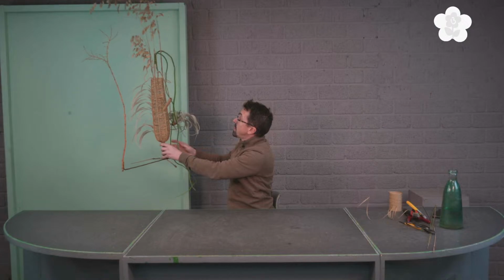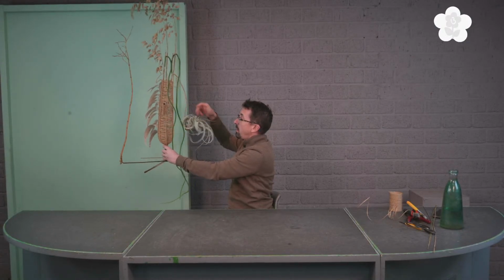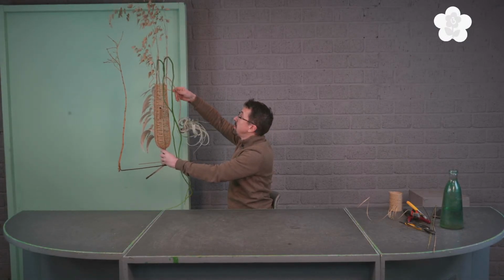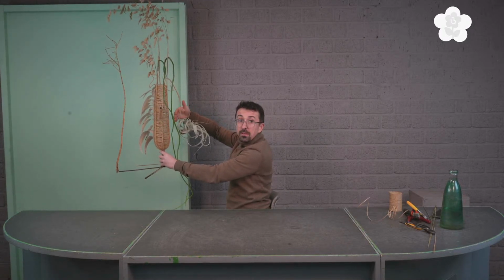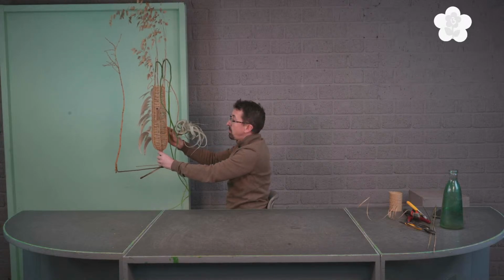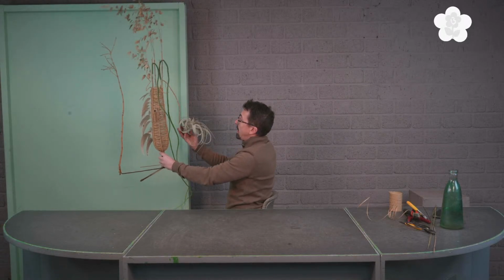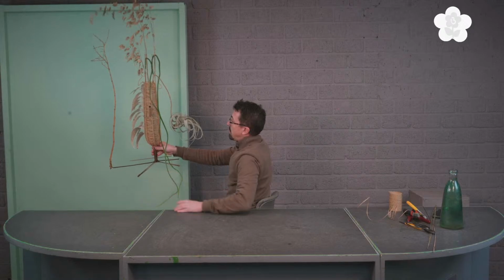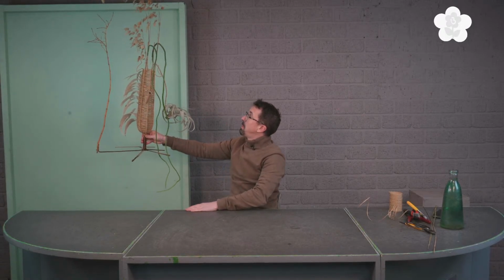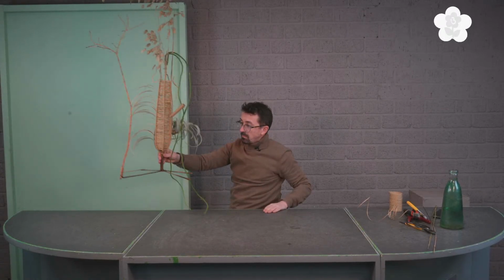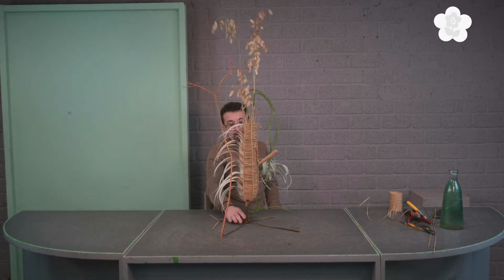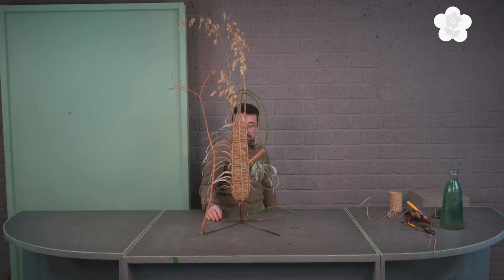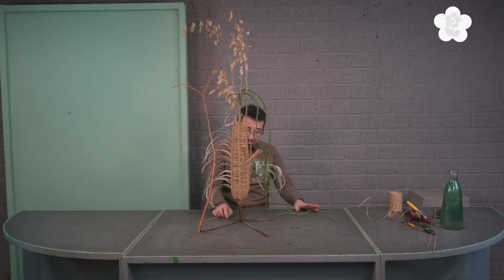Also, I have the same concept with the Tillandsia. I created the fake stems. But also, yes, I create the negative space between the construction and the plant, the epiphyte plant. We have already discussed the hand-tie bouquet.